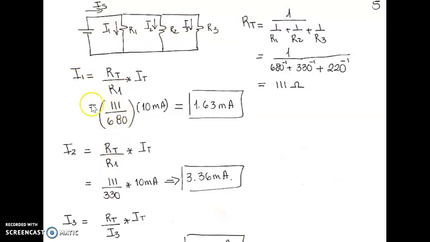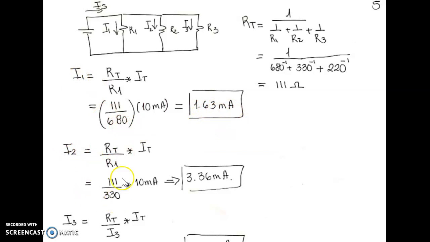You see, for I1 it is 111, for I2 it is 111; the R1 value is 680, the R2 value is 330. The current stays the same, so what we are doing is just getting a ratio of the value of the resistor compared to the total value. So for I1, with 680, we get 1.6 milliamps.